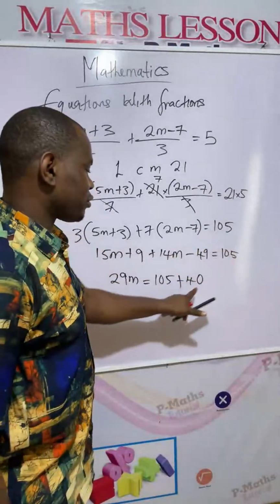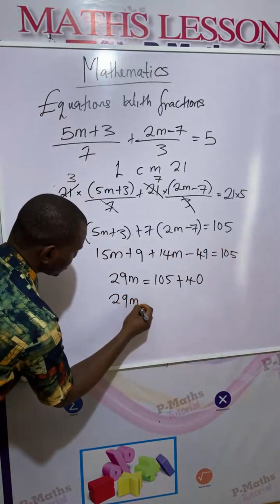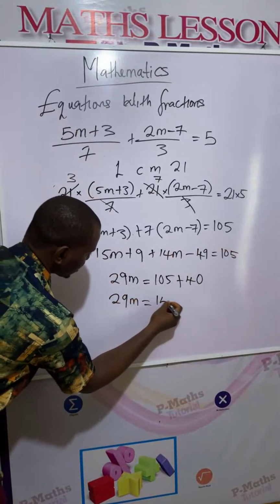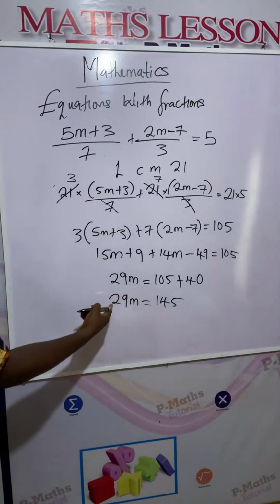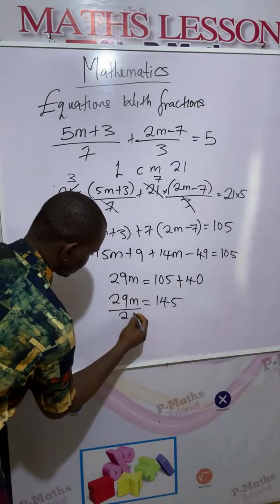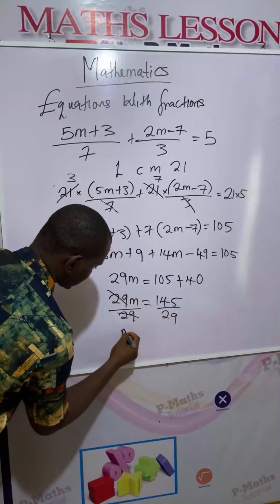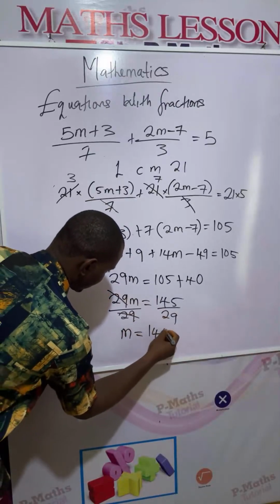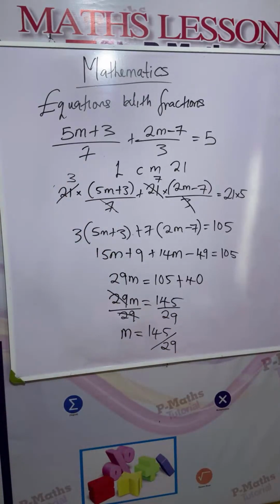If you move it over, it becomes positive 40. So this gives us 29m equal to 145. And then lastly, we divide both sides by 29. So this is m equal to 145 over 29. It's an improper fraction. So you can write it as a mixed number, or you leave it as an improper fraction.